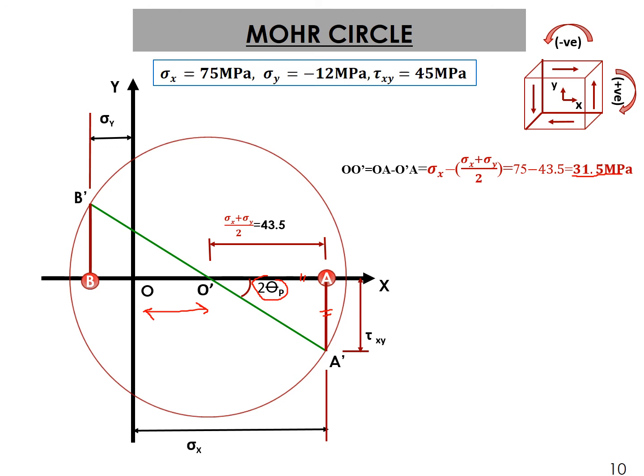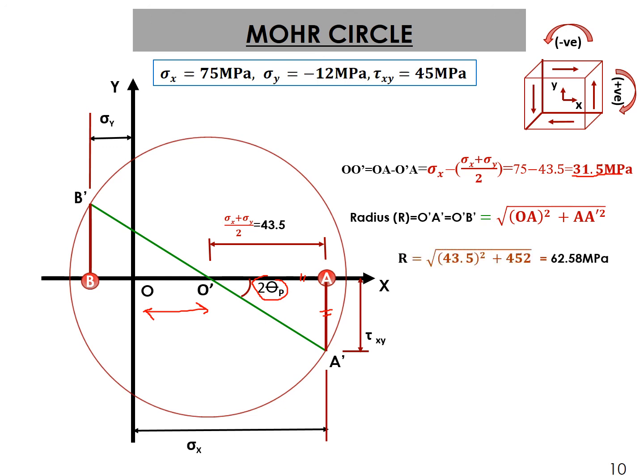So geometrically, you have to find all the values. Radius: use Pythagoras theorem. You know the value of O'A, you know A', use Pythagoras theorem and find out the radius. So this is the radius. Then the principal axis: take right triangle OA' or O'B', any of the right triangles.